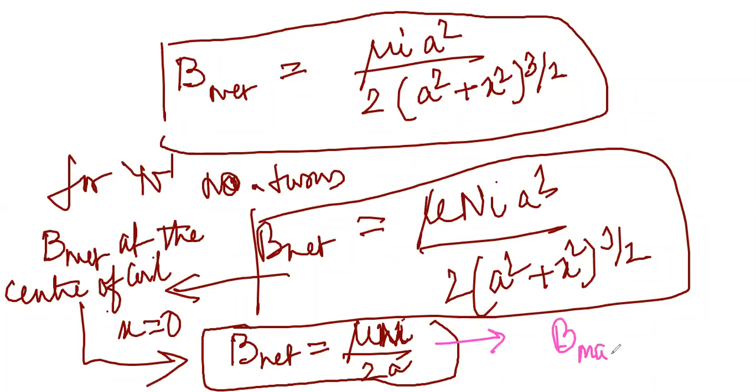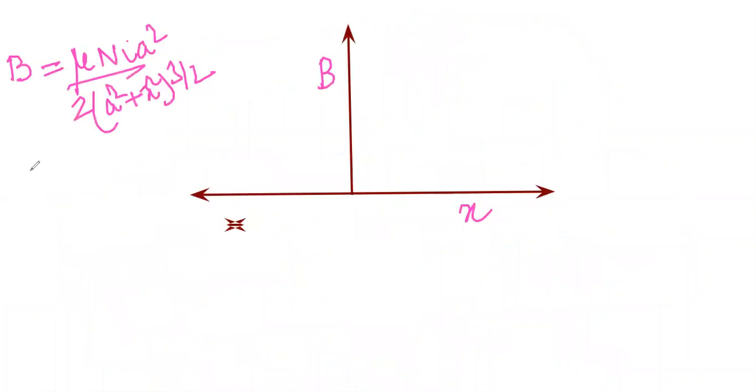So let me write it as, this is our B max, that is at the center. At the center means we have already taken x equal to 0. And if I put x tends to infinity in this equation, the magnetic field will be tending to 0.